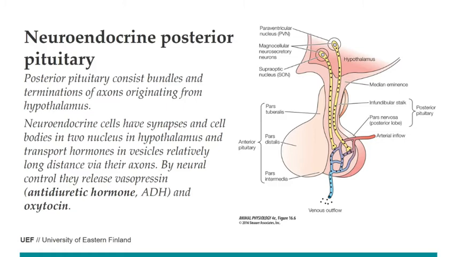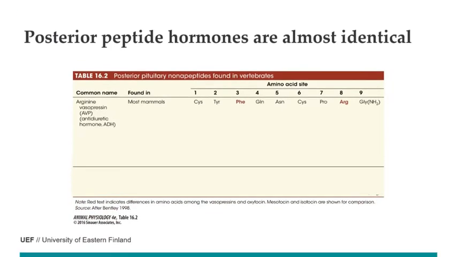And these neuroendocrine cells are releasing two peptides, antidiuretic hormone and oxytocin. And these peptides are almost completely identical. Antidiuretic hormone contains only 9 amino acids, and it starts from cysteine and ends with glycine.